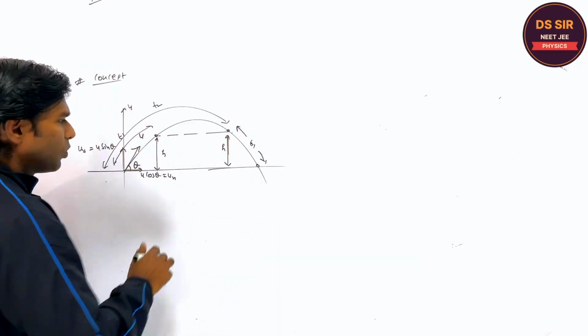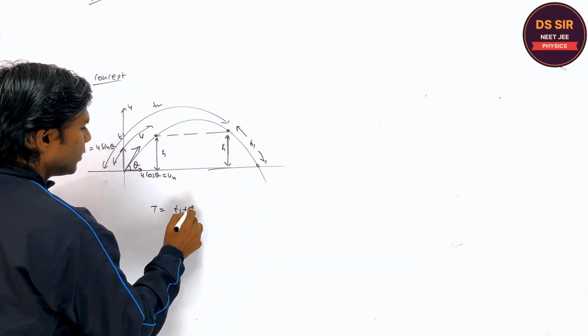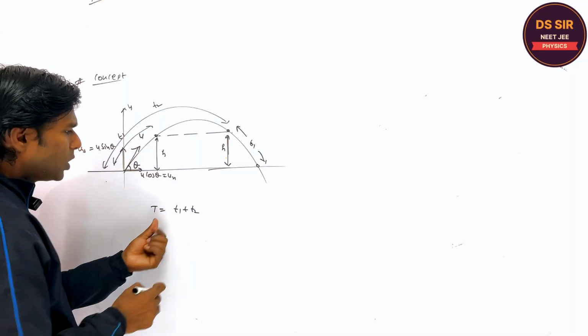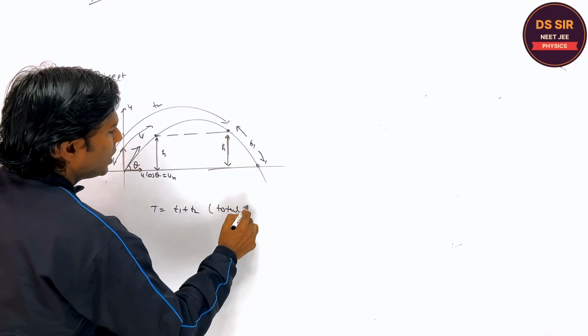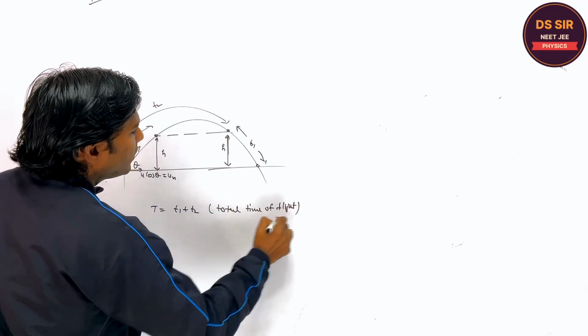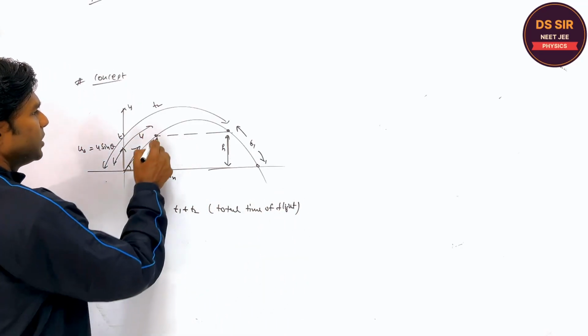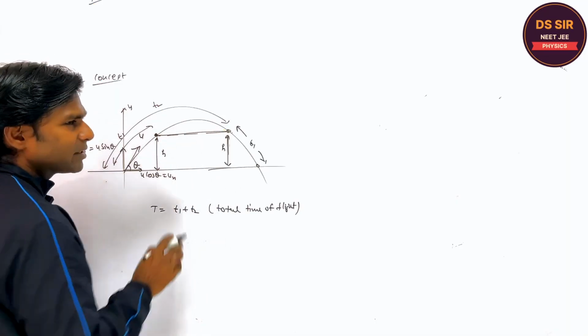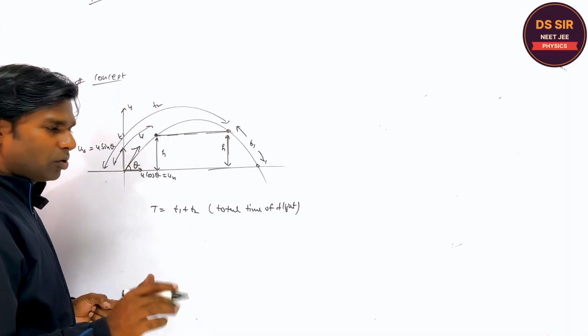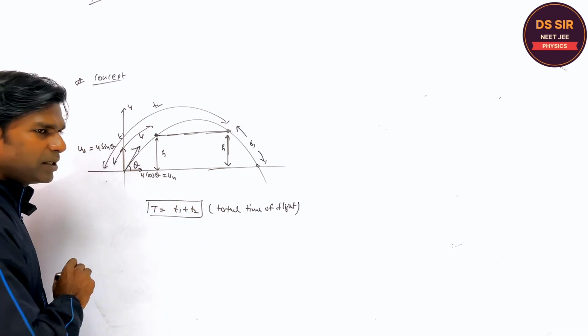So what does it mean? What is the total time of flight? Say t1 plus t2. The total time of flight, where t1 and t2 are the times at which the particle is at the same height from the ground. Is it clear or not? This is one relation you have to write.